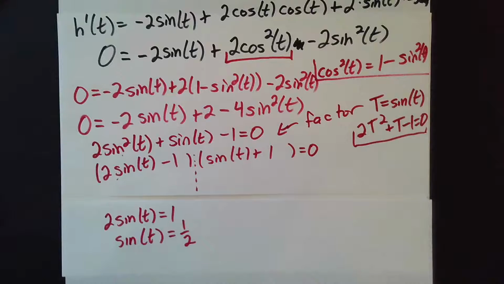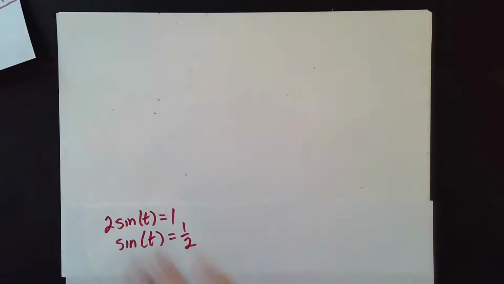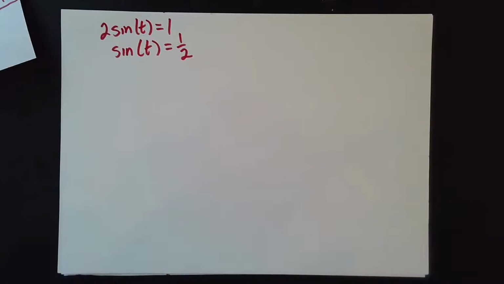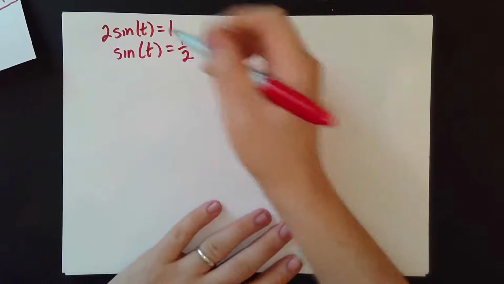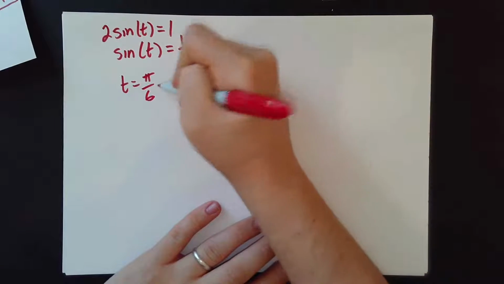Now, in this particular problem, we're only talking about the closed interval 0 to 2 pi, so I don't have to do anything fancy. This just translates immediately to t is pi over 6 and 5 pi over 6.